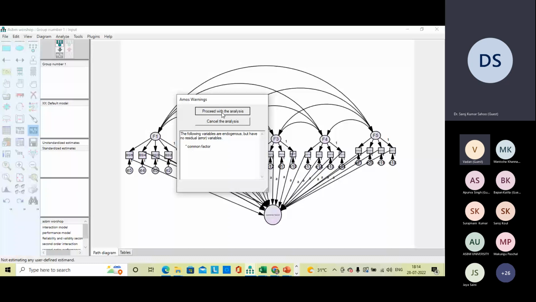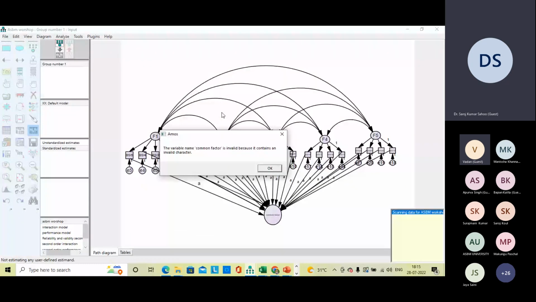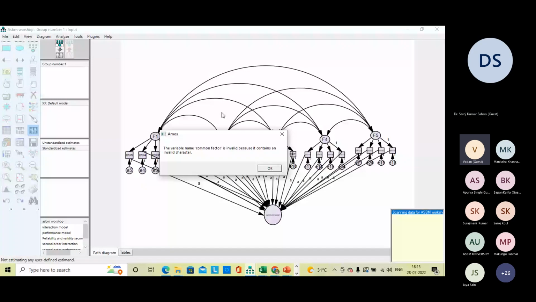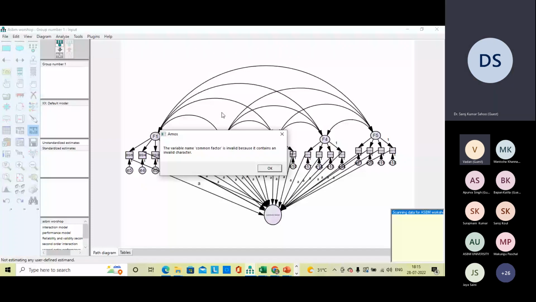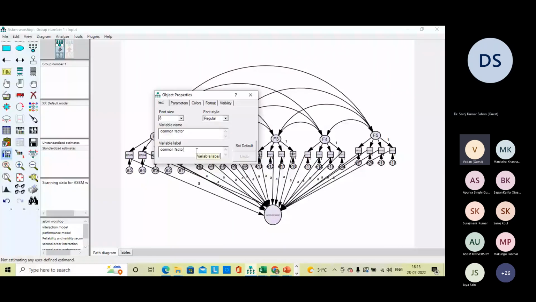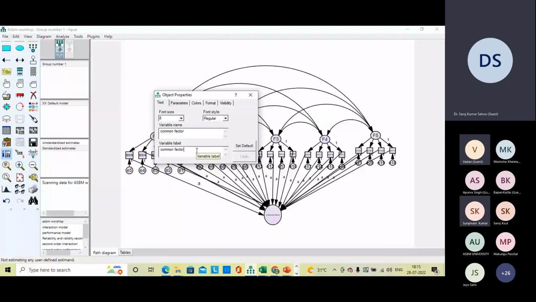The variable name common factor is invalid because it contains an invalid character. What is this invalid character? I am not getting it. The space.